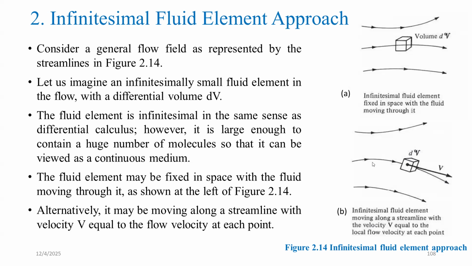So at every point of the flow path, we can find the local flow velocity. dV is the infinitesimal volume, which is a moving volume here with the fluid. In the other case, the volume is fixed, but the fluid is passing through the volume. These are some of the approaches which we use for the approximation or the analysis.